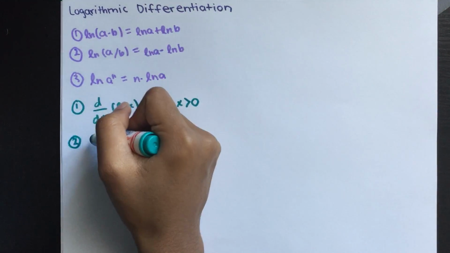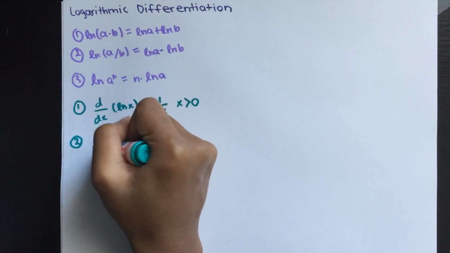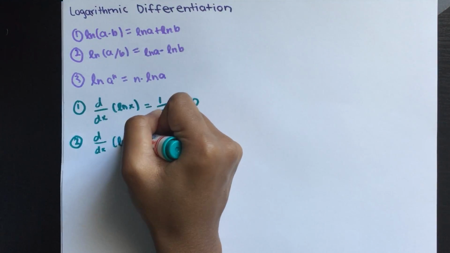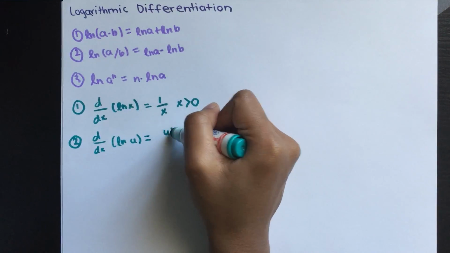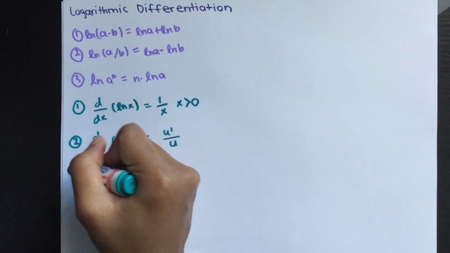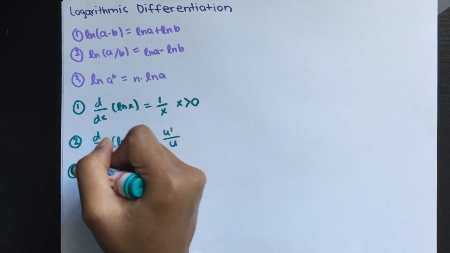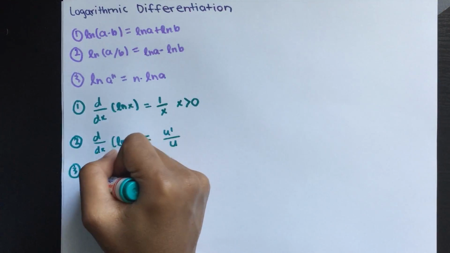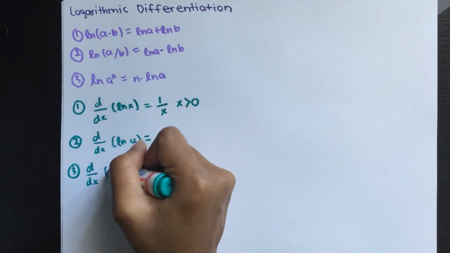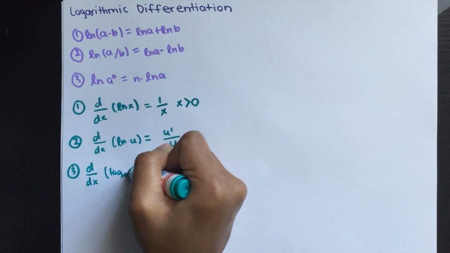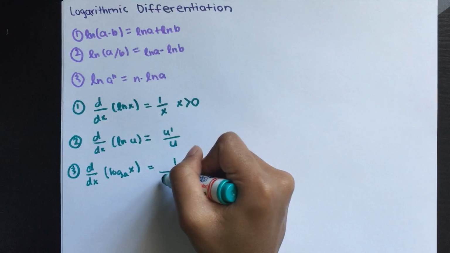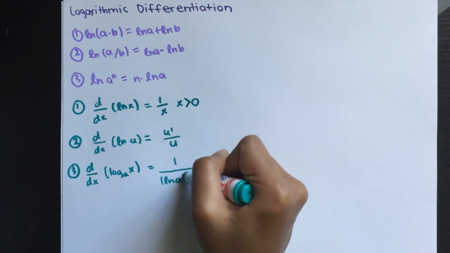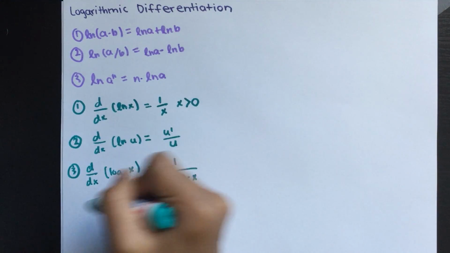The second rule is that the derivative of the natural log of u, and u is a function, is the derivative of that function over the function. And the third rule is that the derivative of log base a of x is 1 over the natural log of a times x.